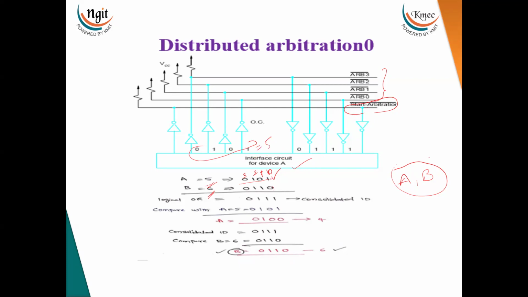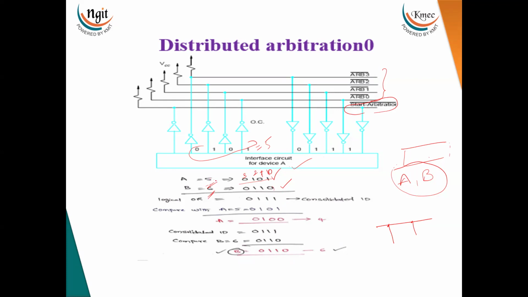I have shown only A's connection; similarly, B's connections are also there, and B will place the value 6, which is 0110. Now, if two values are placed on a single line, the resultant value of this line is the logical OR of both values.